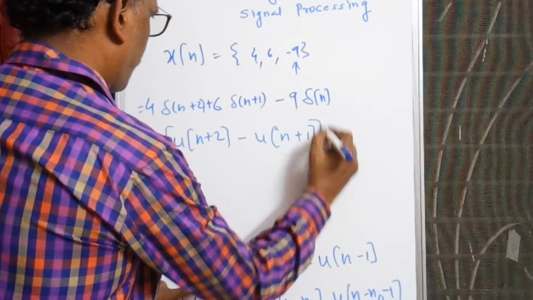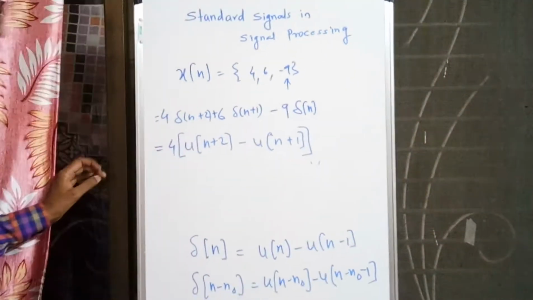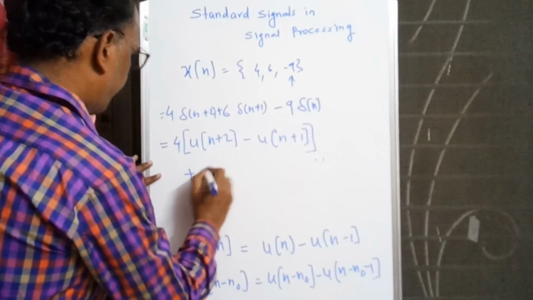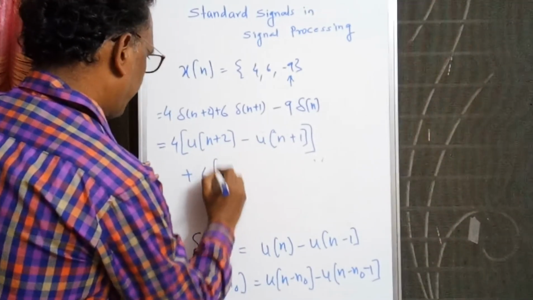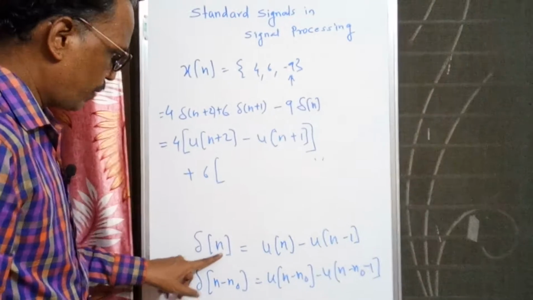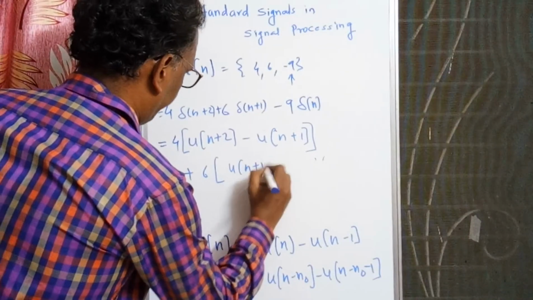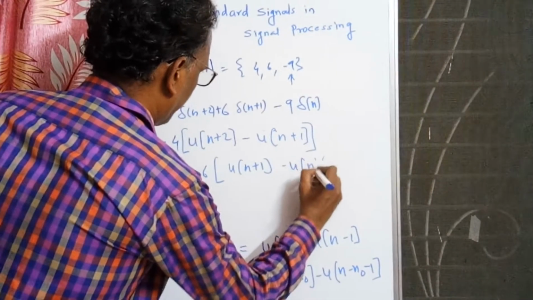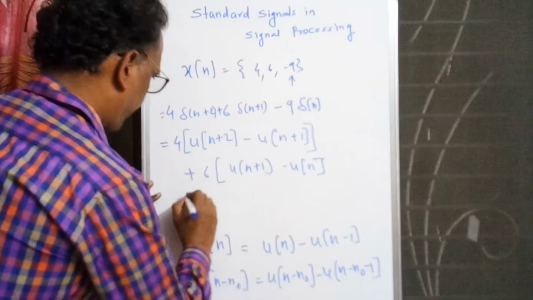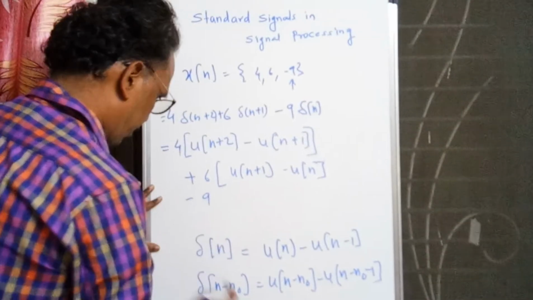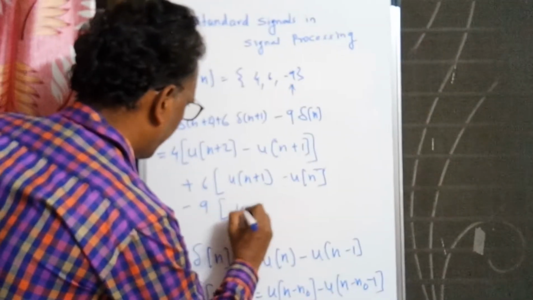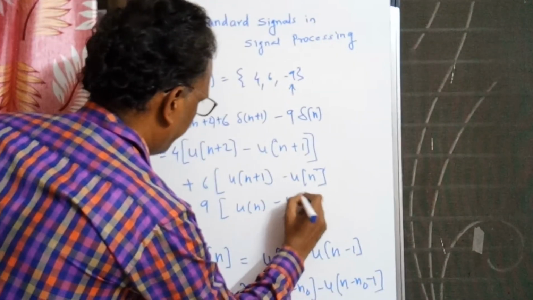So this is for del of n plus 2. Likewise, for the next term, 6 del of n plus 1 can be written by putting n equal to n plus 1: u of n plus 1 minus u of n. And the last term, minus 9 del of n, we know straight away it is u of n minus u of n minus 1.